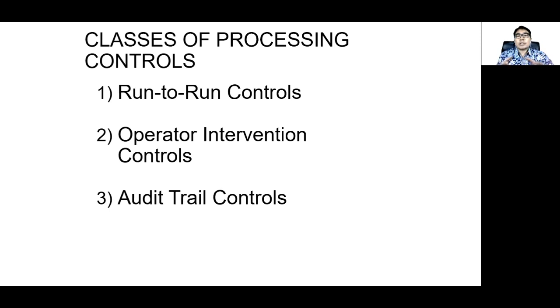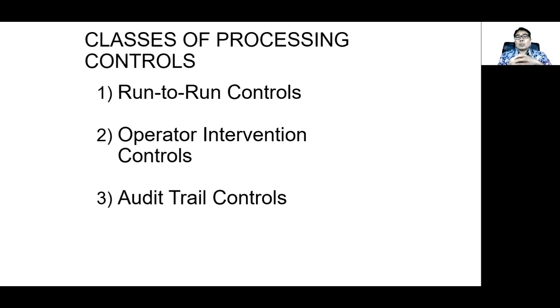You create a control total or hash total for each run of operation. For example, we have process 1, process 2, process 3. For process 1, we have the control total or hash total. And process 2, we have the same control total or hash total, and so on. And it's usually done in batch processing.